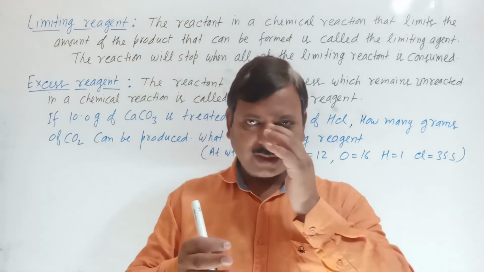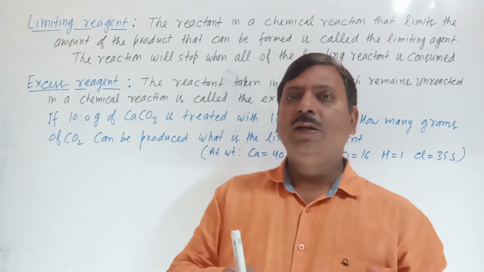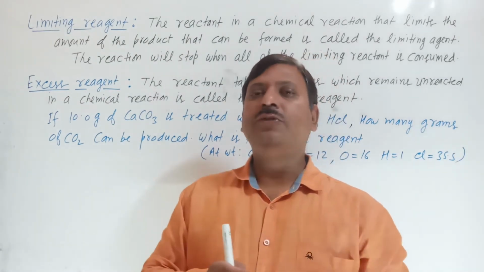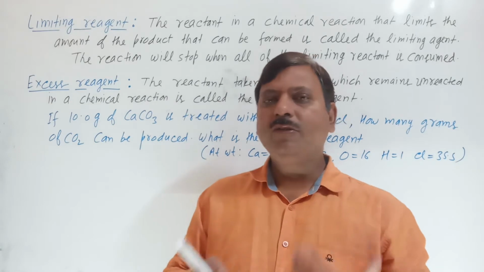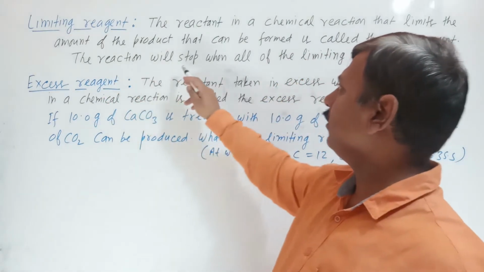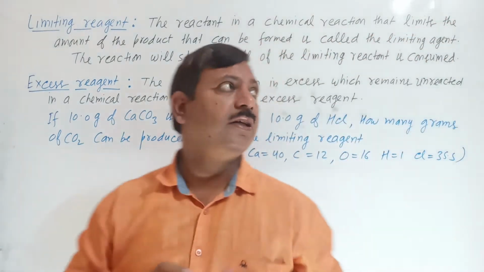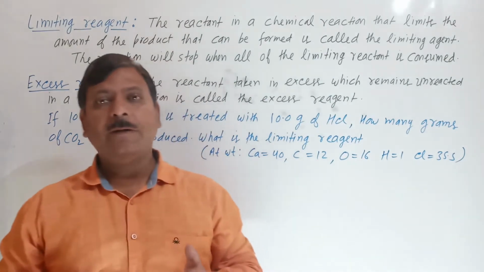या हम ऐसे कह सकते हैं कि इन रिएक्शन विच हैज द लोएस्ट वैल्यू, ठीक है, आर विच इज टोटली कंज्यूम्ड in the reaction, so that is called limiting reagent. In another word, the reaction will stop when all of the limiting reactant is consumed.